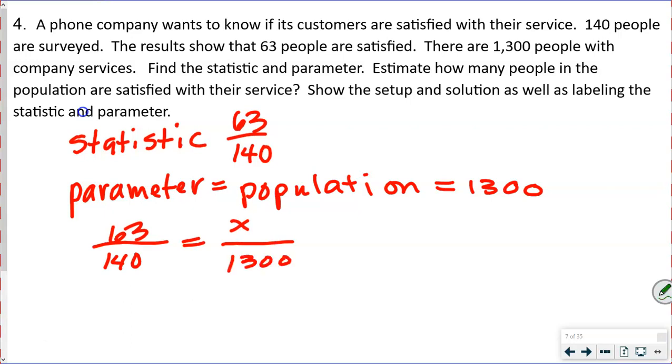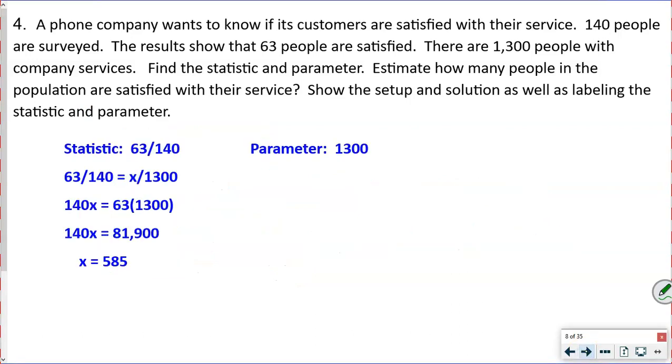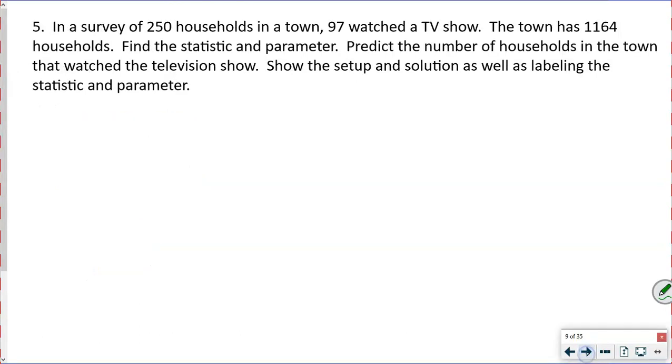When we do this problem, we're going to cross multiply, remember. So that's going to give us 140x is equal to 63 times 1,300. Now on the test, we want to see this right here, the setup, and the answer. So make sure you do both of them to get all the points, okay?